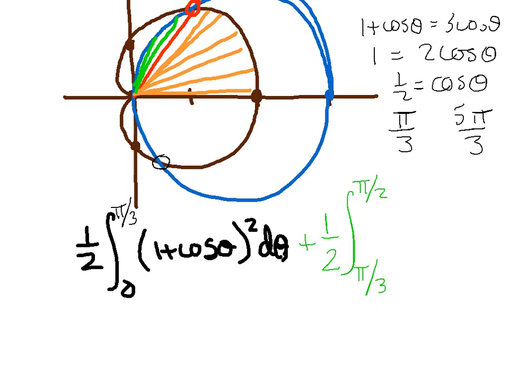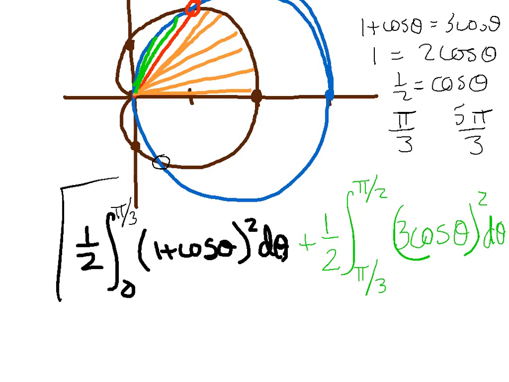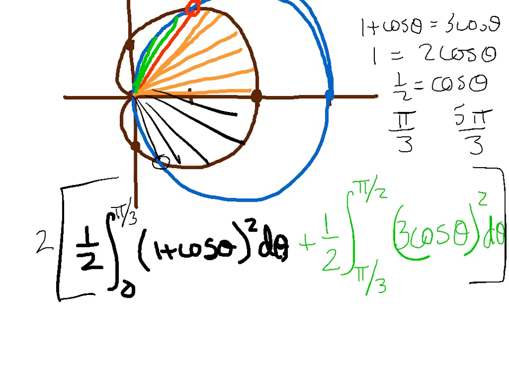The blue graph is just 3 cosine of theta, squared, d theta. The sum of those two integrals gives you the total area, with the exception that we've got to double the whole thing, and that'll account for this area down here as well. Now you really do have the total area.